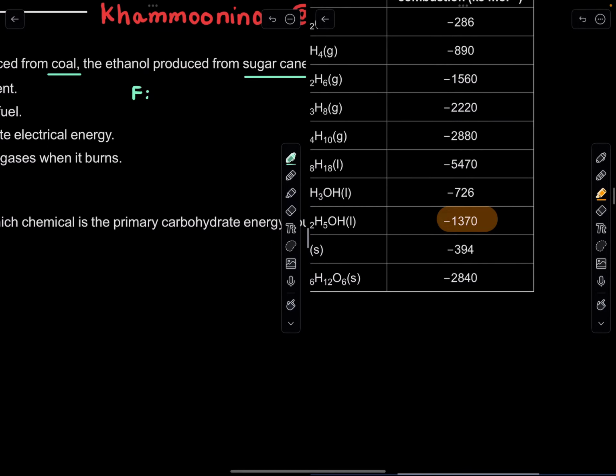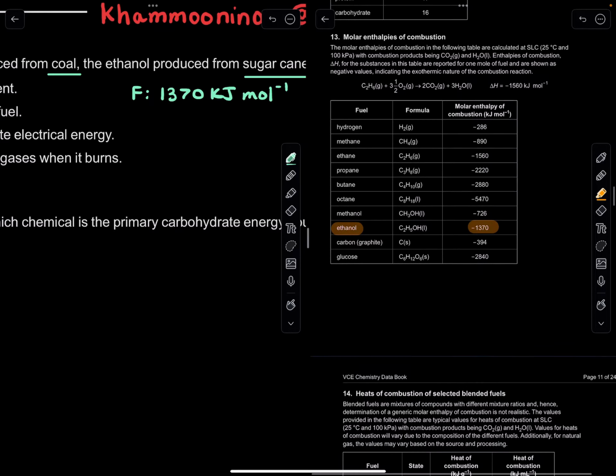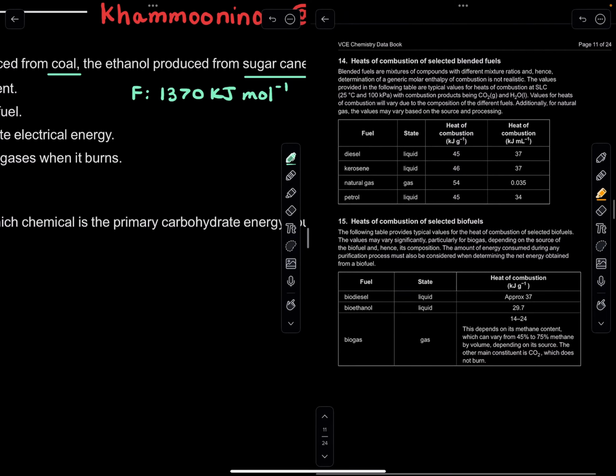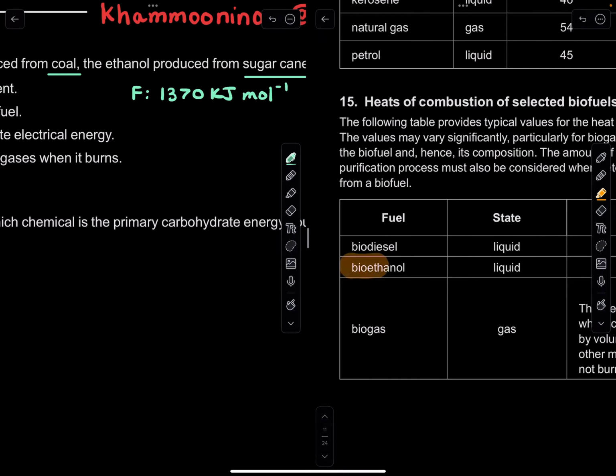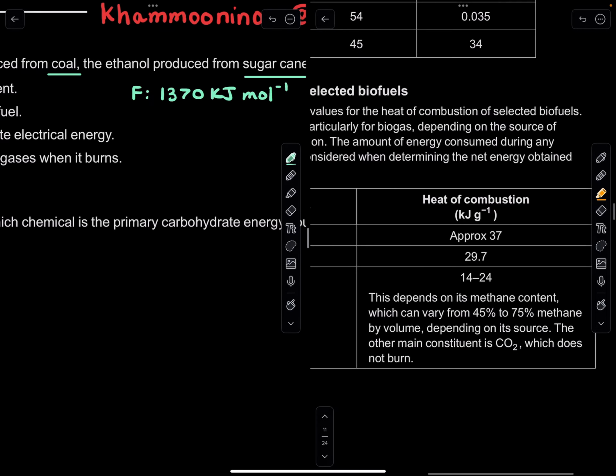We get 1370 kilojoules per mole. Now, if you go down, here it is, bioethanol. What is the heat of combustion? We know it's 29.7. So from bio, it's 29.7 kilojoules per gram.